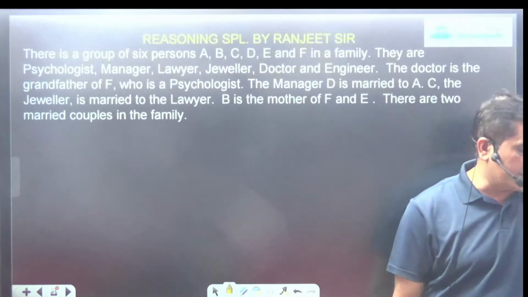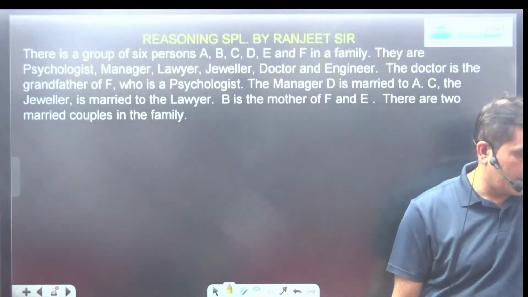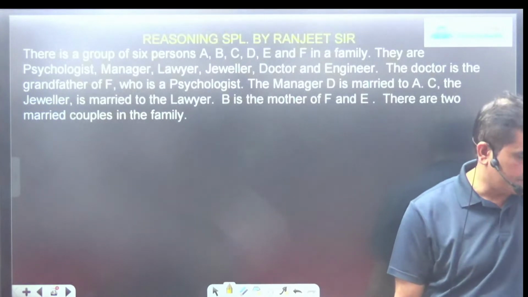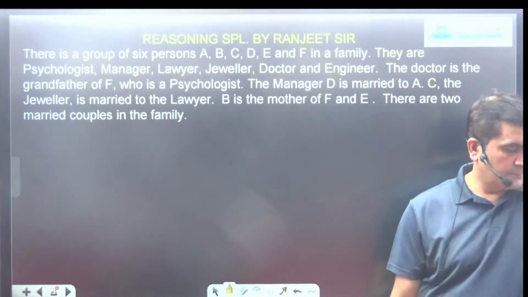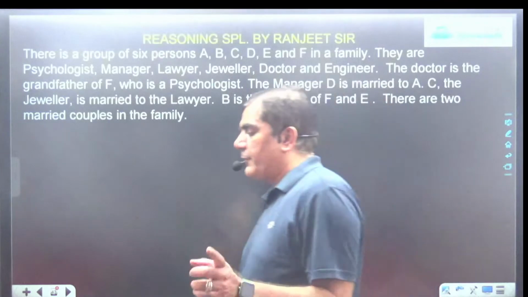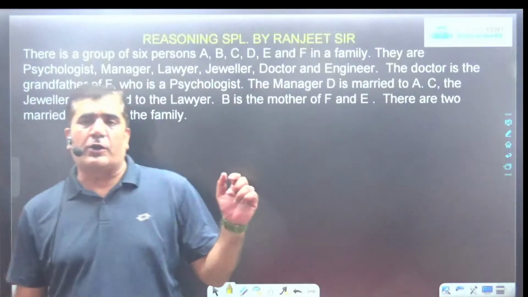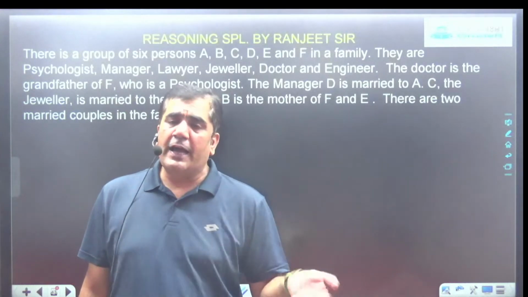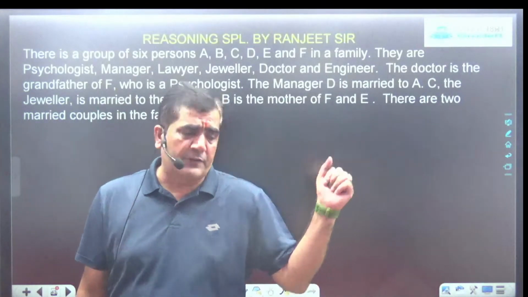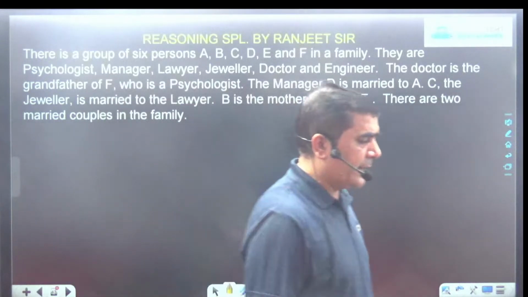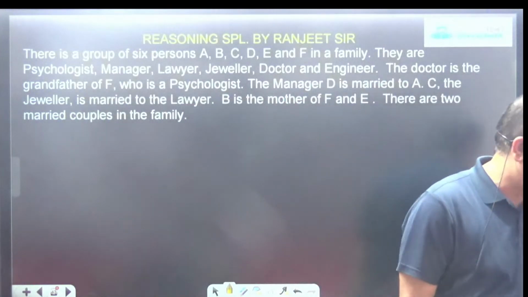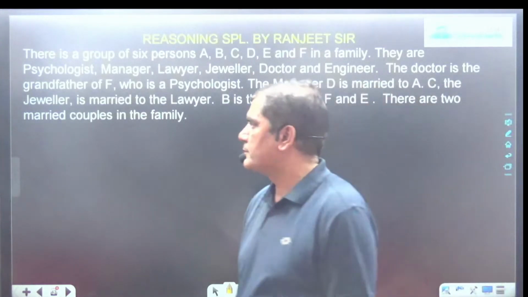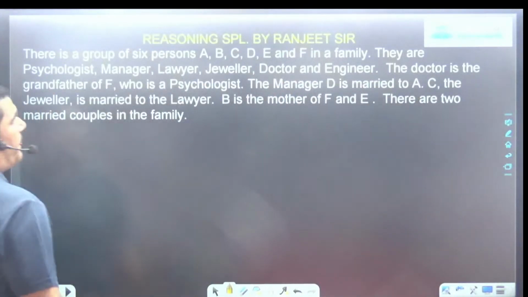So how to go for this one? See, my job is to read one statement in one go and then plot the family tree. Individual family tree of each statement needs to be plotted, and then at last I am going to combine all of them. Okay, now let's start.